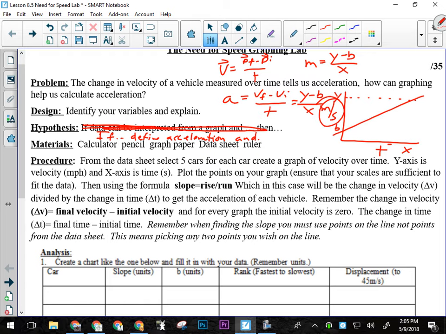Basically, we're making velocity versus time graphs of the racing data for several cars. The then part, just like the last lab, I want to know how can the velocity versus time graph be used, I'm running out of room here, to calculate acceleration.